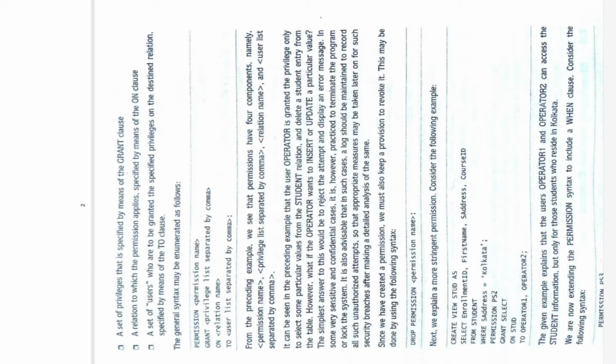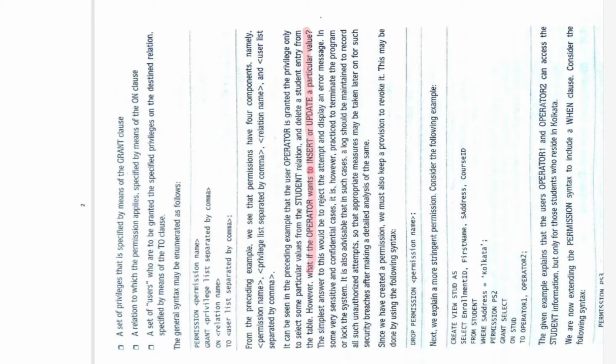Suppose, however, this particular user, operator, wants to insert or update a value in this particular table. Then how will it get permitted? Because of the measure or access we have given: the name of the user is operator.